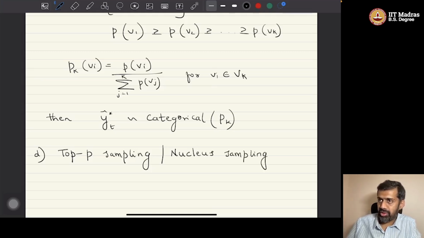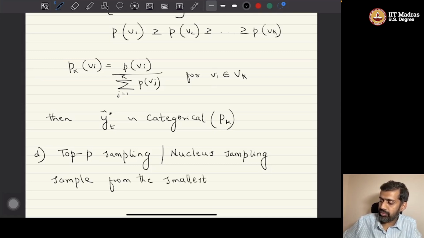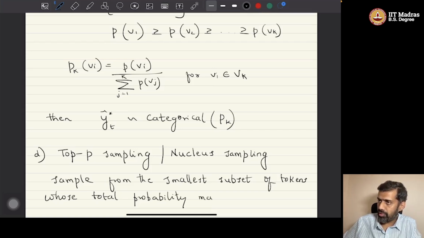It's very similar to top k sampling, but it samples from the smallest subset of tokens whose total probability mass exceeds some hyperparameter p between 0 and 1.